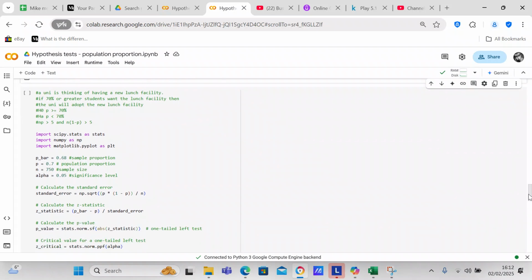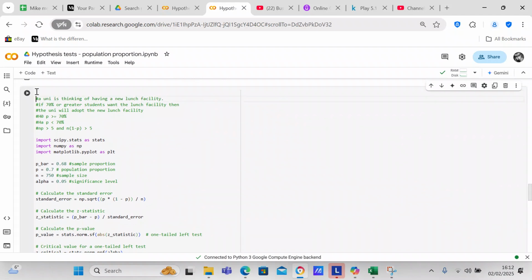So the third example we're going to have is going to be a one-tailed left test. Okay, a uni is thinking of having a new lunch facility. If 70% or greater of students want the lunch facility, then the uni will adopt the new lunch facility.